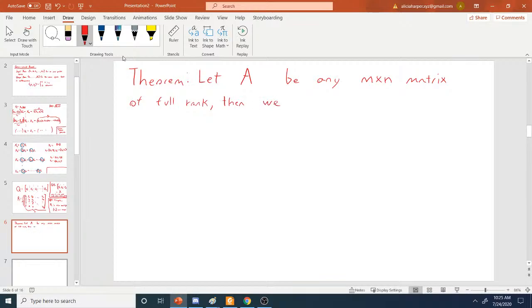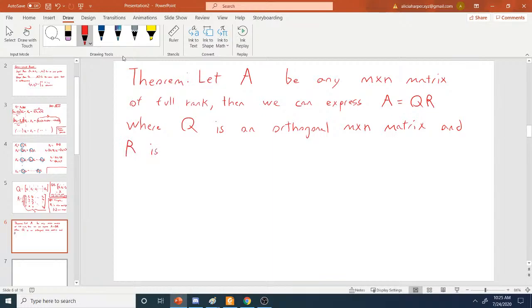Then we can write A as Q times R, where Q is an orthogonal m by n matrix, and R is a non-singular upper triangular matrix.